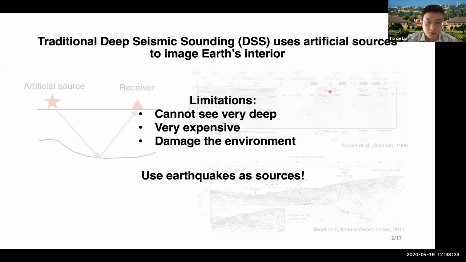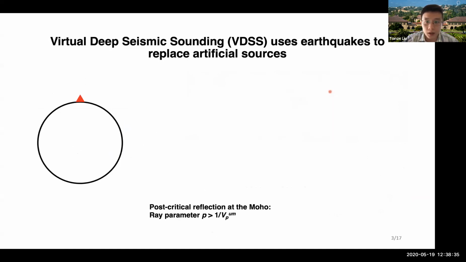This gives birth to the topic of my talk today, virtual deep seismic sounding. We essentially add the word virtual at the beginning of deep seismic sounding because we are using natural earthquakes to replace the artificial sources used in traditional deep seismic sounding. Here is how it works.